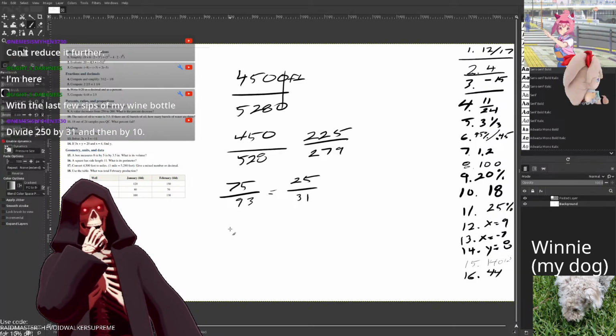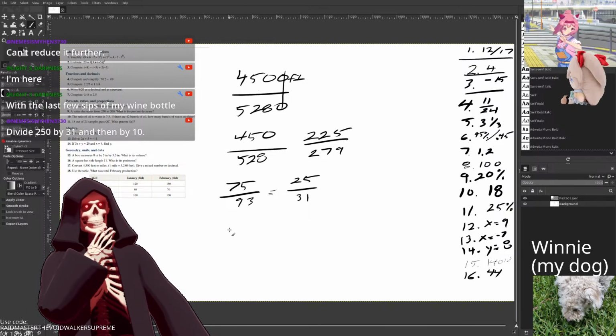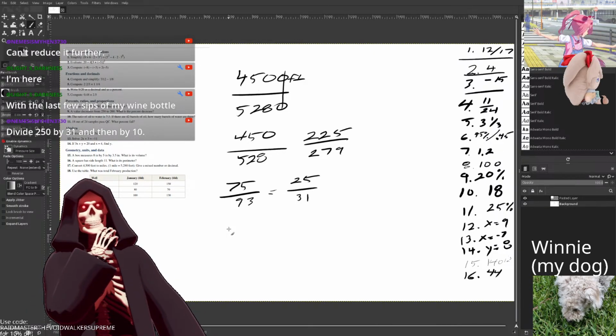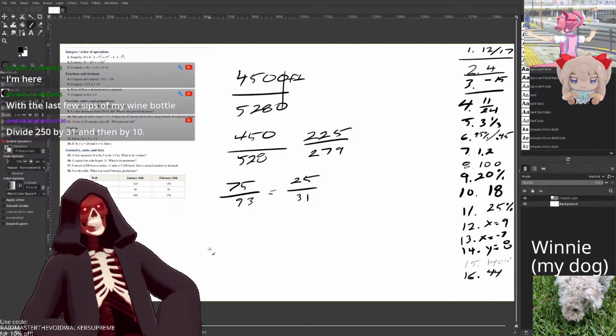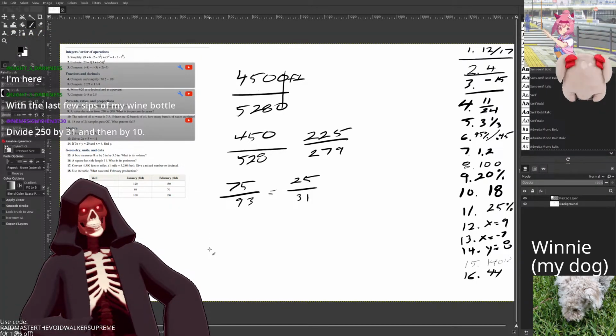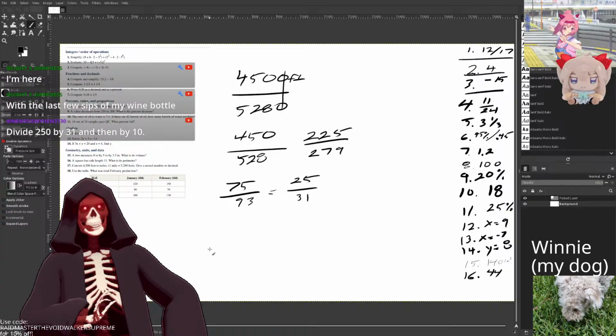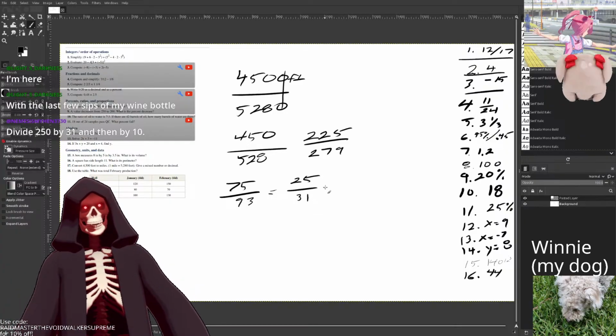Divide 250 by 31, and then by 10. Oh, 250 by 31.